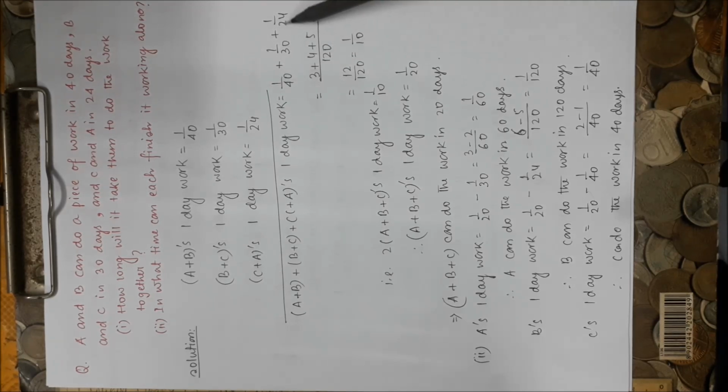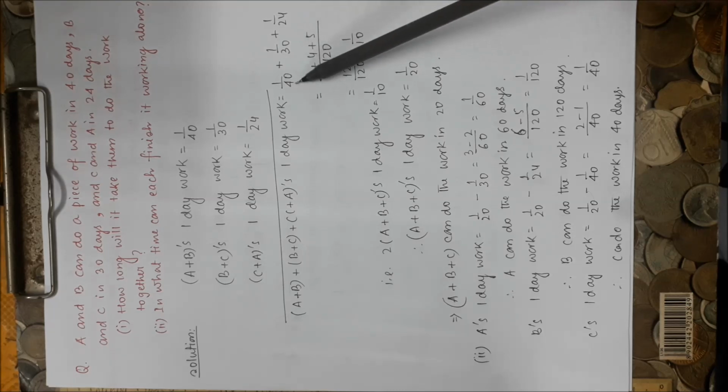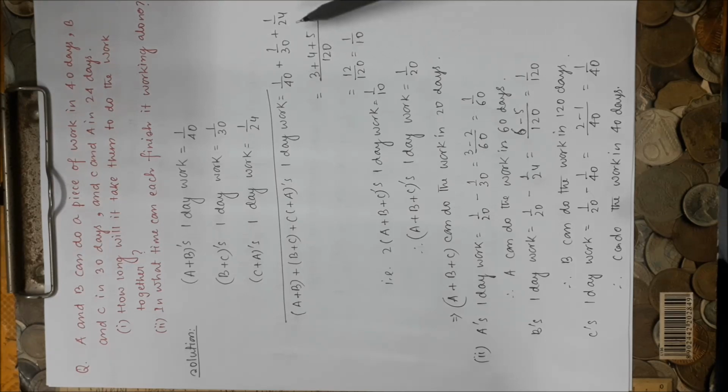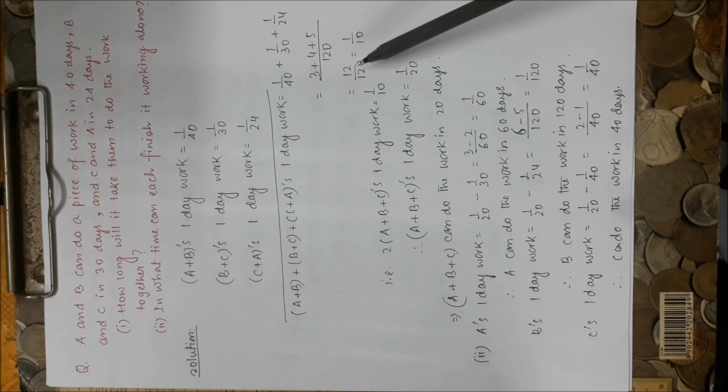If you take the LCM, you will get LCM as 120. 120 divided by 40 equals 3, plus 120 divided by 30 equals 4, plus 120 divided by 24 equals 5. That equals 12 by 120, which equals 1 by 10.